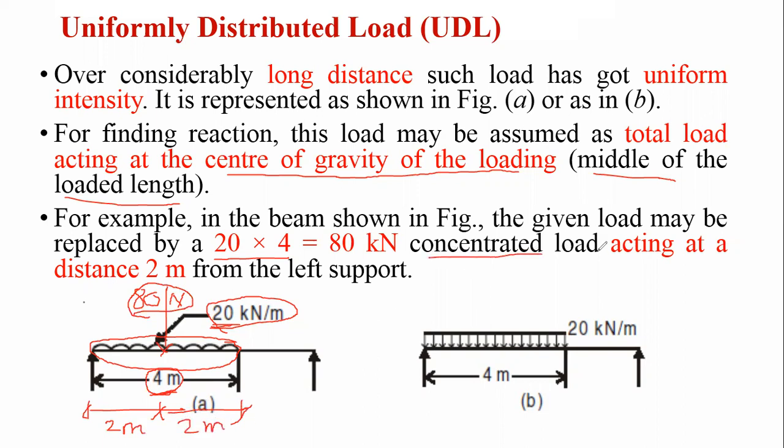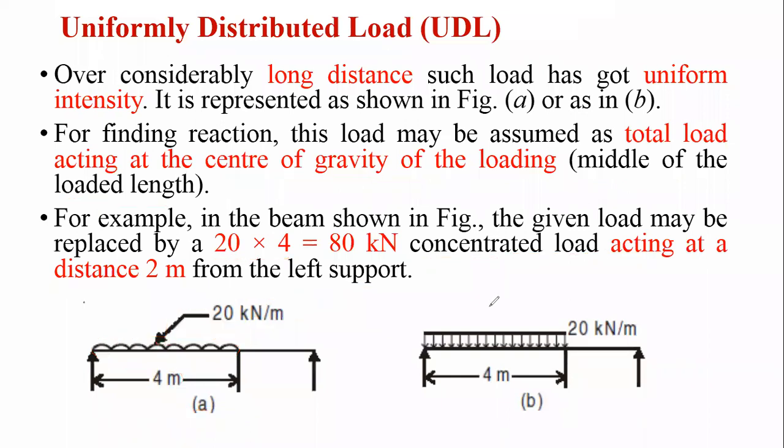The concentrated load acts at a distance of 2 meters from the left support. It is located at the center. Here also it is located at the center. The distance is 2 meters because it is a 4 meter length, so half of this becomes 2.